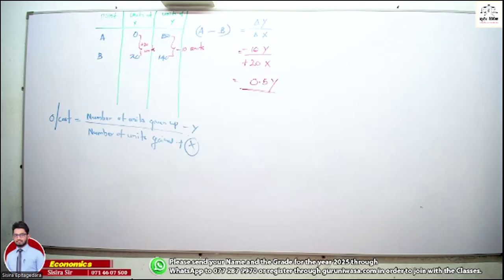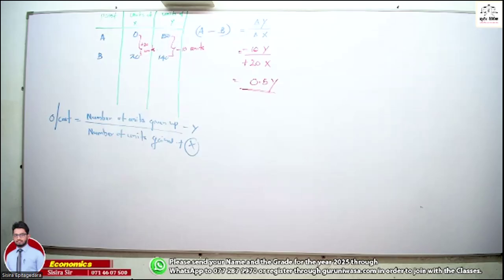Any issue, Lamai? Now calculate opportunity cost when moving from B to C. Remember how to calculate opportunity cost. Equation is number of units given up over number of units produced. When you are moving from one point to another point, you should be able to recognize which production reduces and which production rises.